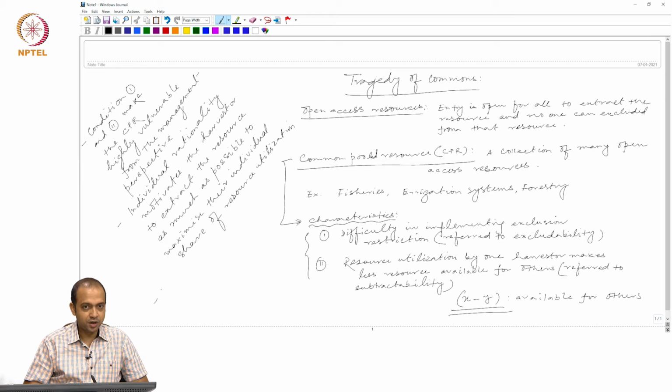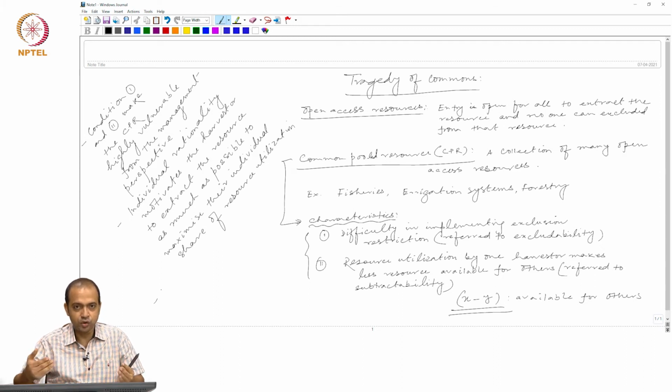We have learned in the context of market behavior that in a perfectly competitive market, every single participant is motivated by individual rationality, which is actually selfish behavior.